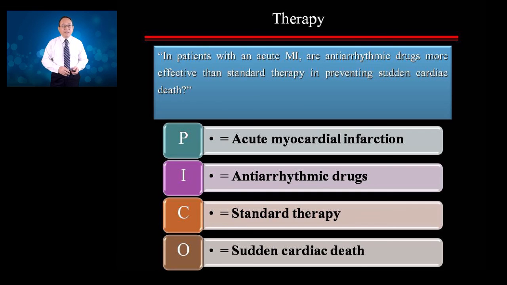I means antiarrhythmic drug, which is the intervention that you would like to use for your patients. And C, there should be a comparison. Why do you propose using antiarrhythmic drugs? Then there should be a comparison, for instance, standard therapy. And then O means sudden cardiac death, which is the outcome.